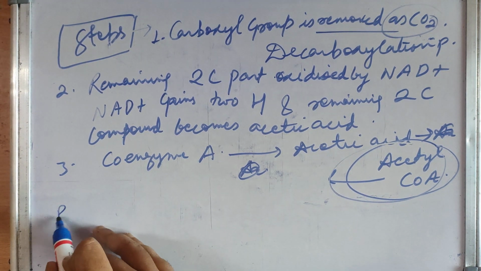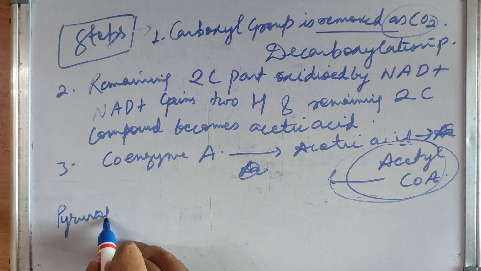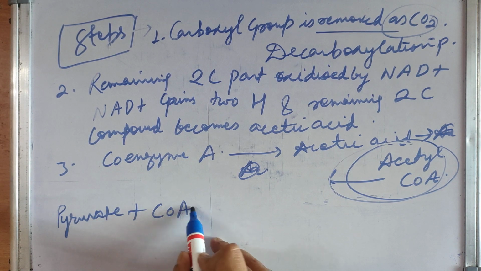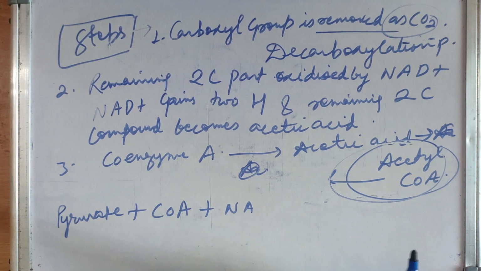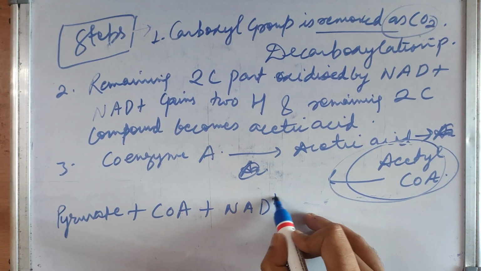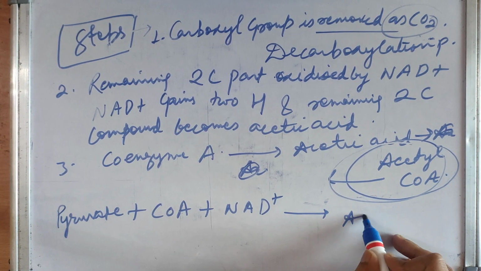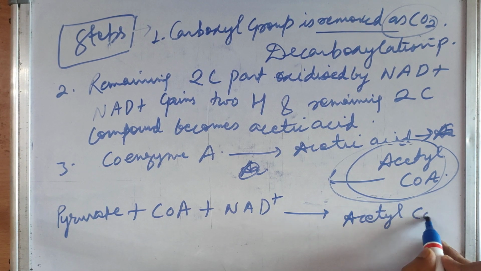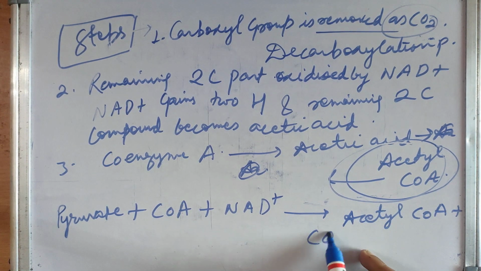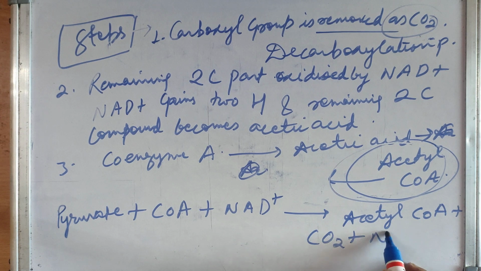So what happens here? Pyruvate plus CoA, coenzyme A, plus NAD plus gives out acetyl CoA plus CO2 plus NADH plus H plus.